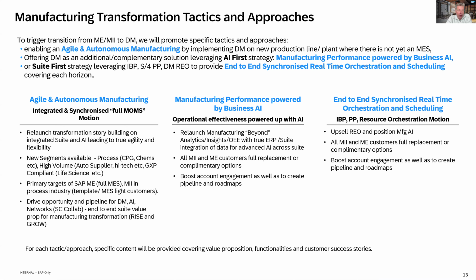First, on the left-hand side, it could be to replace a solution that you have already in place, or for a new production line where you want to put in place a full MES or a MOM, Manufacturing Operation Management solution. And with DM, you will have all the features and all the native integrations that you need.